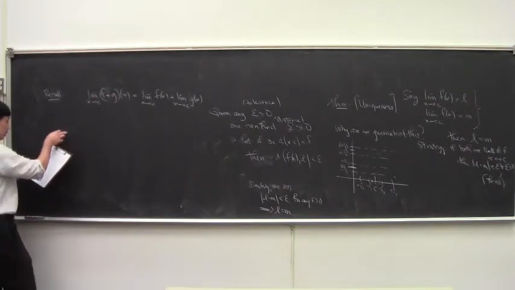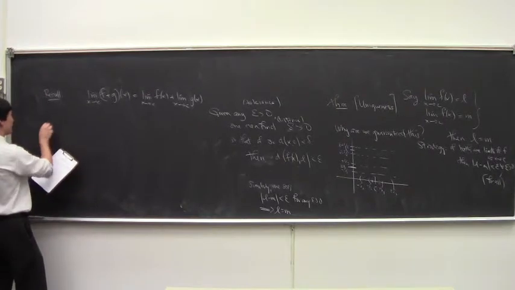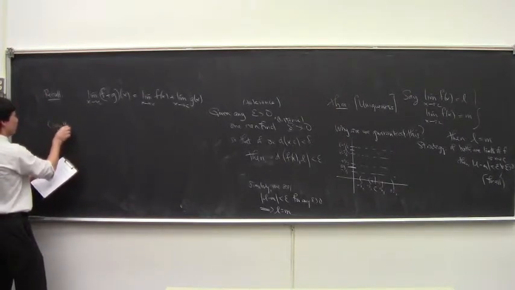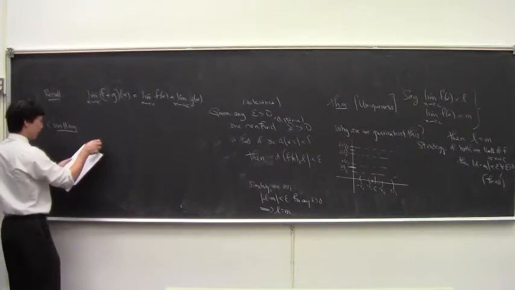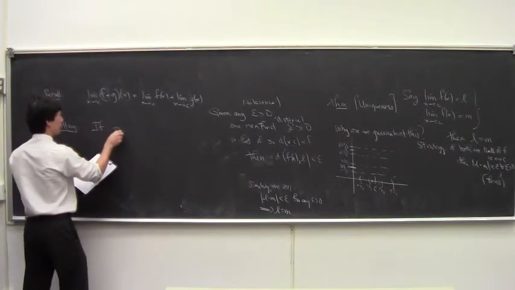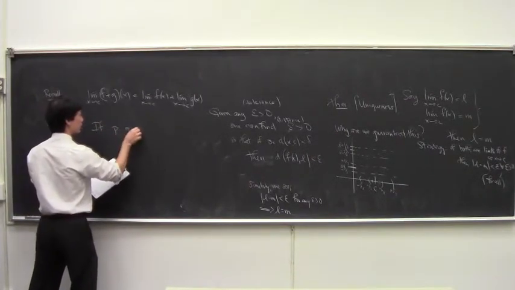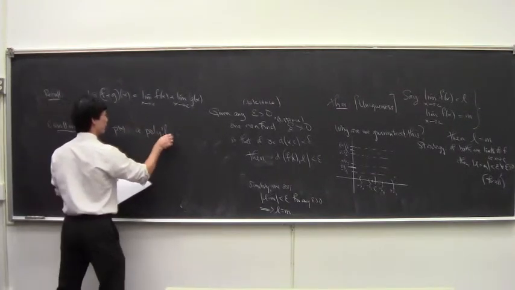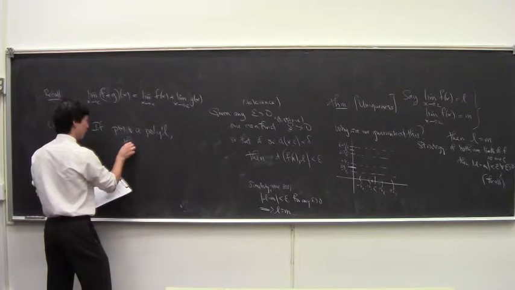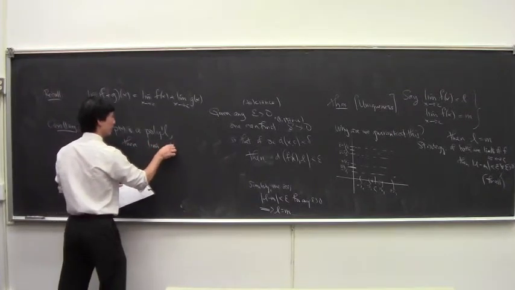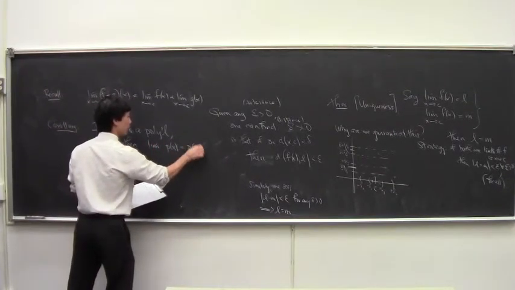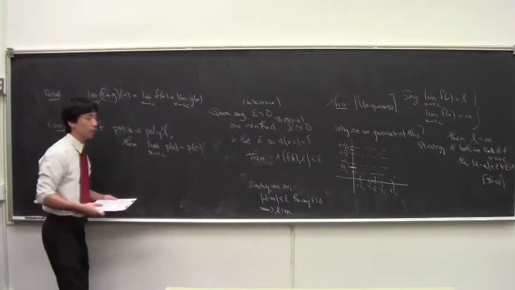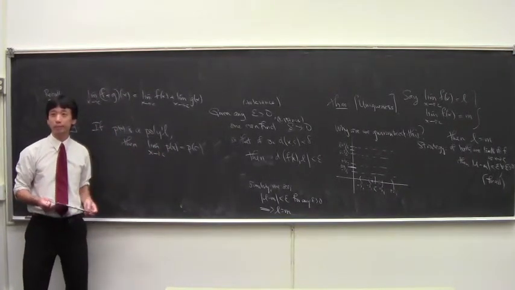And we finish up with this statement that if p of x is a polynomial, then the limit of p of x as x approaches c is just p evaluated at c. Right? You remember that's basically where we stopped.